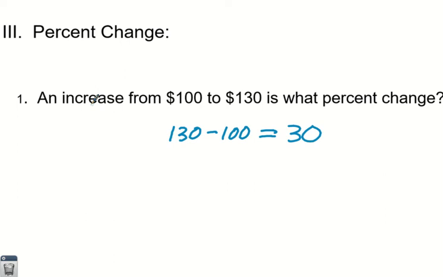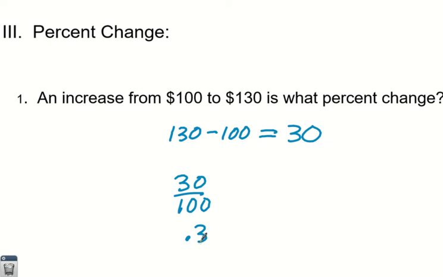Well, to figure out the percent, we compare this to the original amount, the amount we started with. We started with $100, so that's what we're going to compare 30 with. So 30 out of 100. You might be able to do that in your head. I know I can, but on your calculator, that's 0.3.